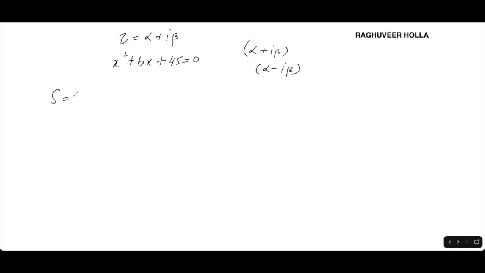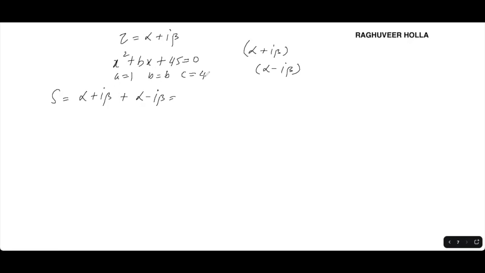So as we have seen in the previous problem, alpha plus beta, it is alpha plus i beta. This is a complex number and plus alpha minus i beta. So this is minus b by a. So as you can see here, a in this, a is 1, b is b, right?